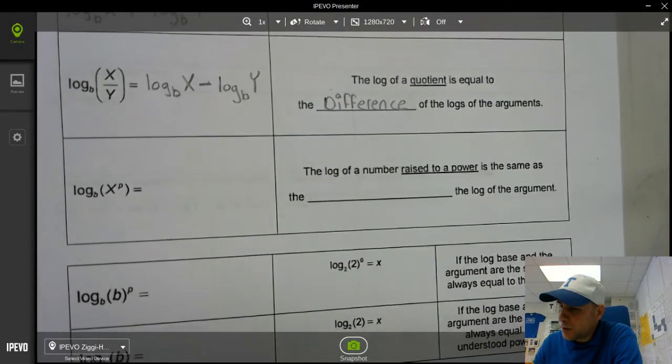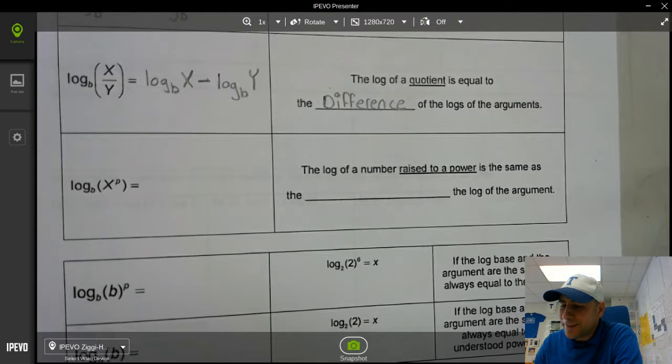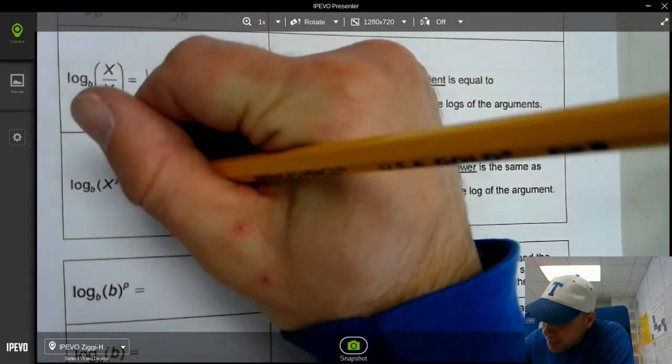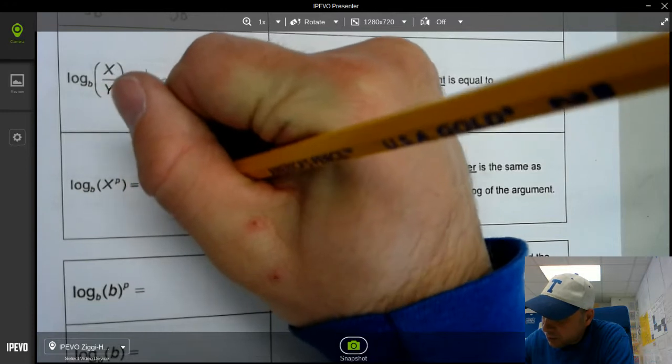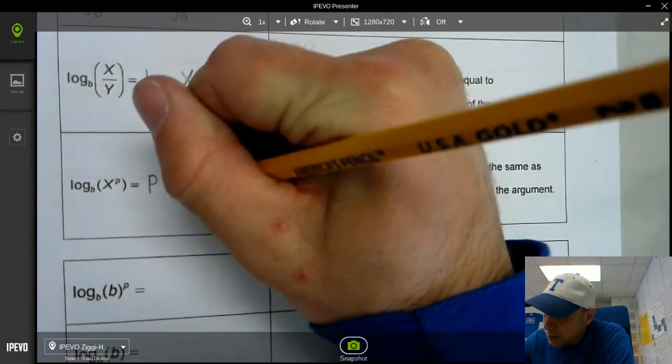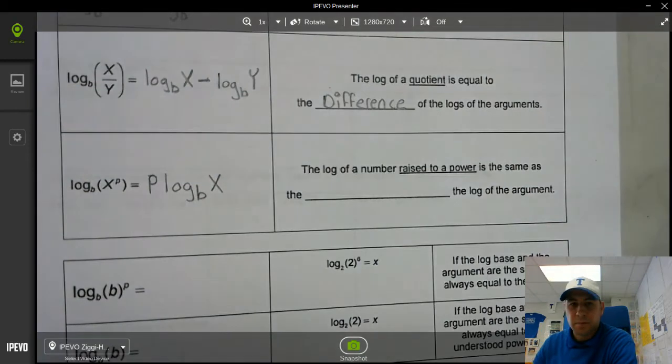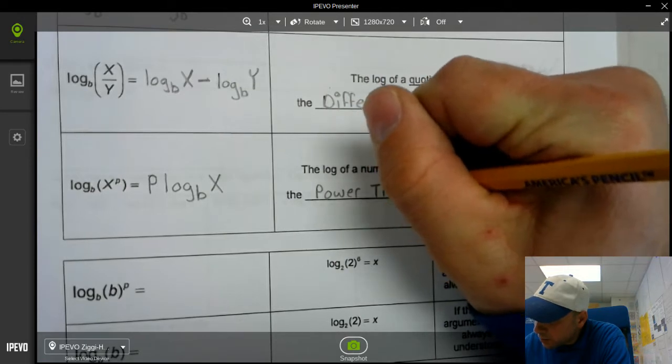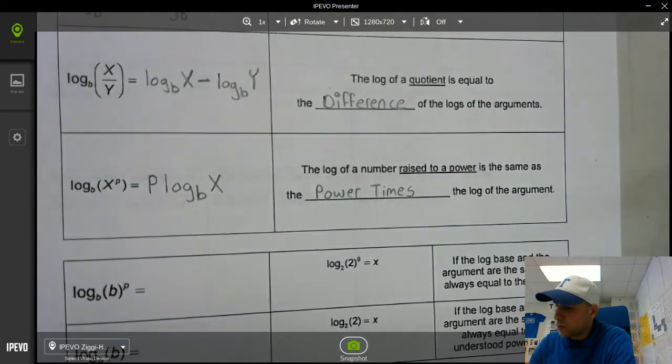All right, next one. We have log B of x to the p power, which, let me make sure I say this right, becomes p times log B of x. Okay, so the log of a number raised to a power is the same as the power times the log of the argument.